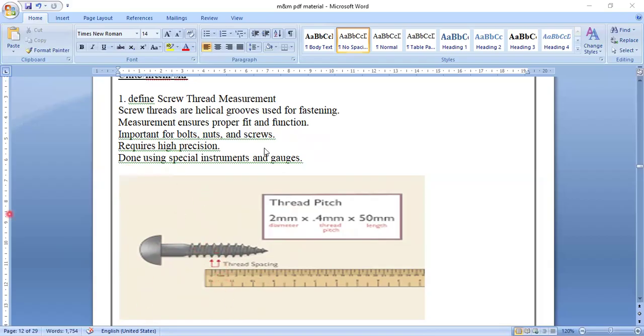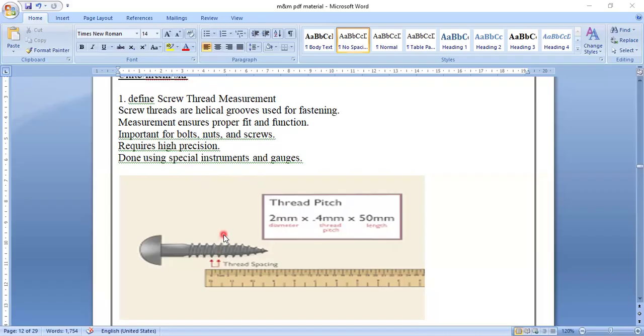Okay, so let me take the definition here. Screw threads are helical grooves used for fastening, tightening. Without metal to metal joining, if you want to fasten, you need threading only. Measurement ensures proper fitting and functioning. When we want some function or some fit, then we use these screws, for example in walls.